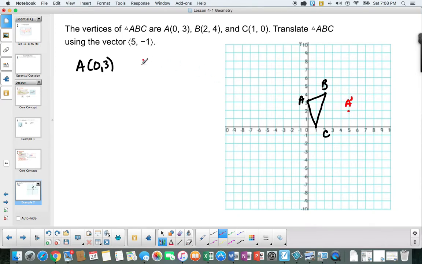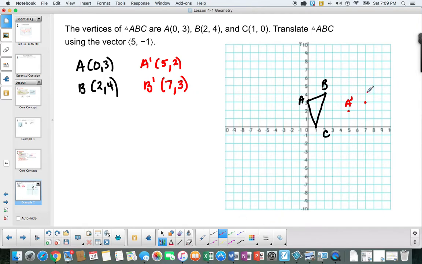And we use A prime to show that it's moved. So this is going to be the point (5, 2). I'm going to do the same thing with B. I'm going to move over 5 units, 1, 2, 3, 4, 5, and down 1. So the point B, which was at (2, 4), is now going to be B prime, which is going to be 7, and instead of 4, it's going to be a 3.